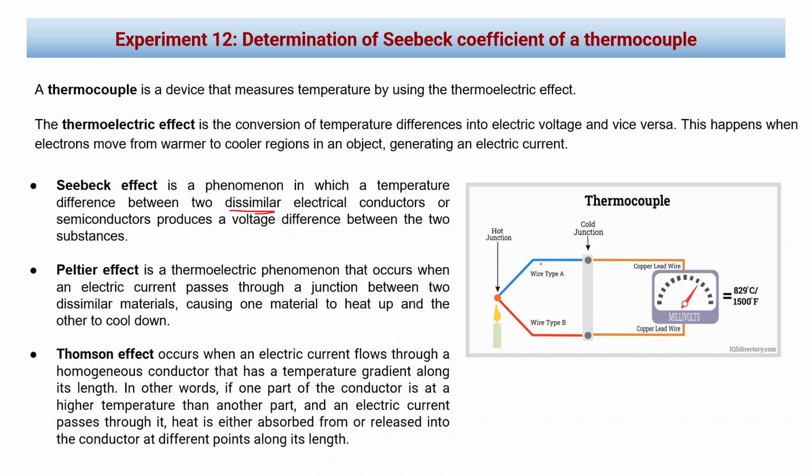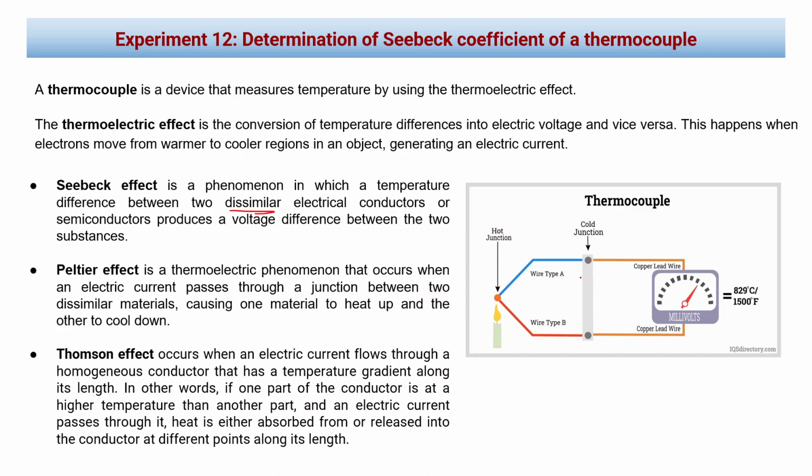Because this particular wire, wire A, is of different material, and wire B is of different material, their heat conductivity will be different, their electrical conductivity will be different. Because of that, if I am heating this common junction using some form of heat, the heat conduction of both wires will be different, since they are made up of different materials.